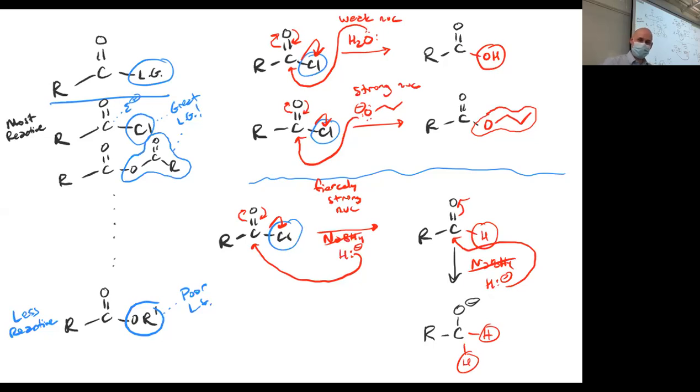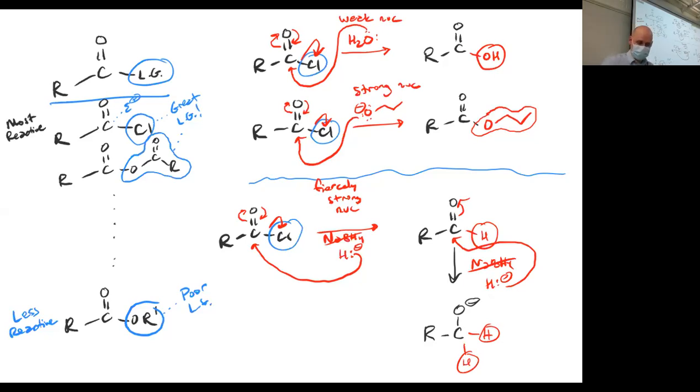So if you want to, you can go stepwise, or if you get really comfortable with them, have it go in again. But basically, think of what we talked about a few minutes ago, that this carbon right here of an acid chloride is an electrophile for two reasons. It's got a carbonyl, which would get attacked by a fiercely strong nucleophile, and it's got a leaving group, so it would be attacked by a fiercely strong nucleophile. So both things happen. You kick the leaving group off, and you push electrons up to the end.